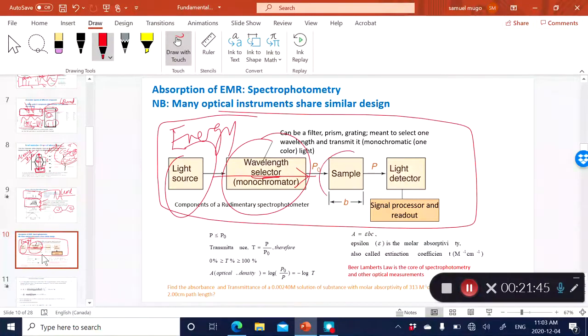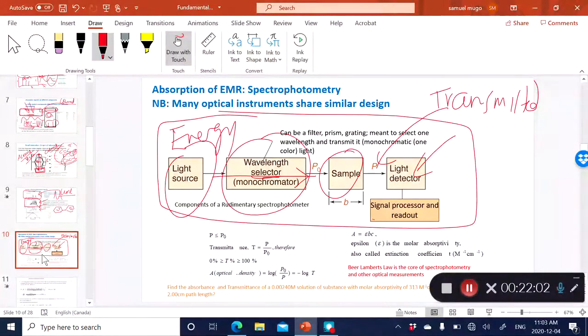Then you've got the sample, and some of the light is absorbed by the sample, but some of it is transmitted. And so essentially you are detecting the transmitted light using your detector.